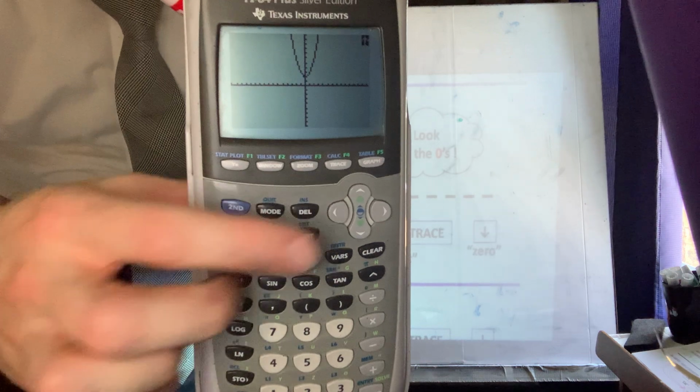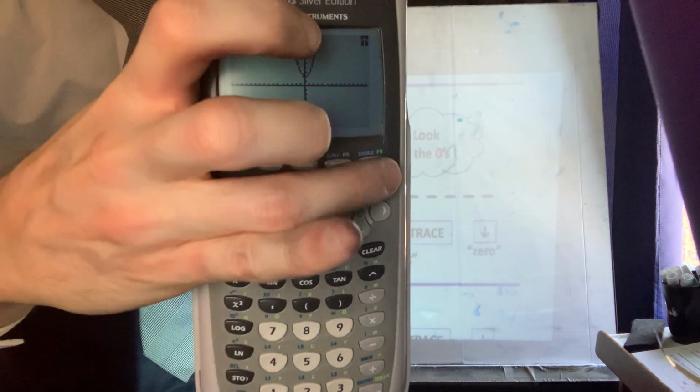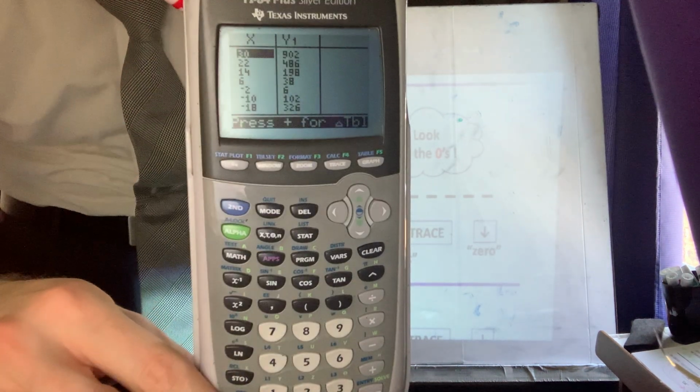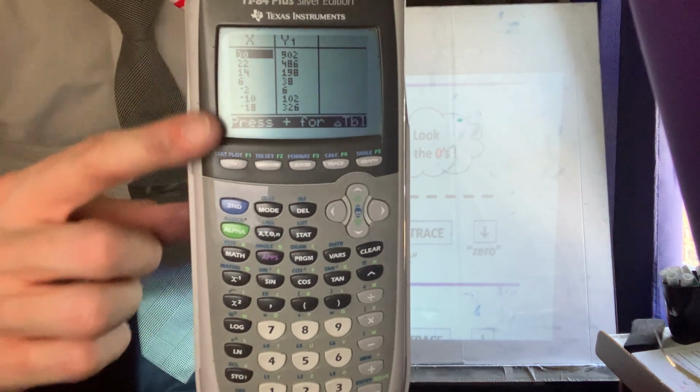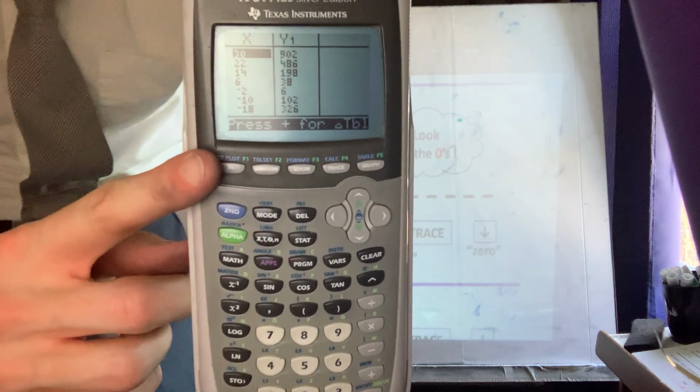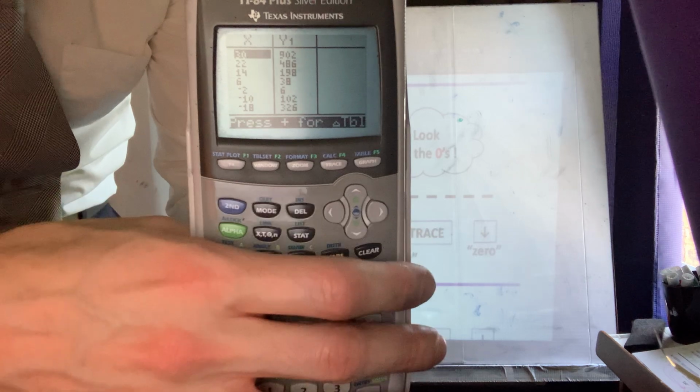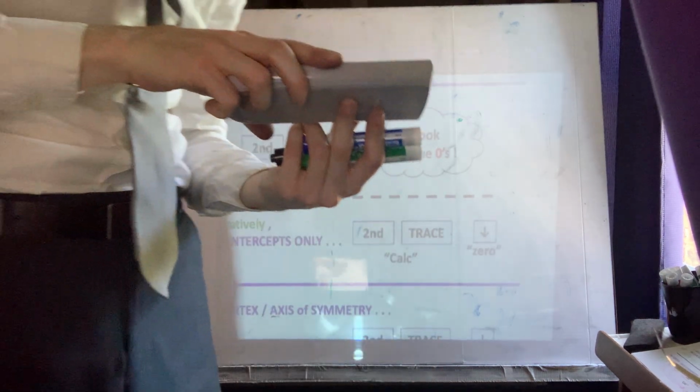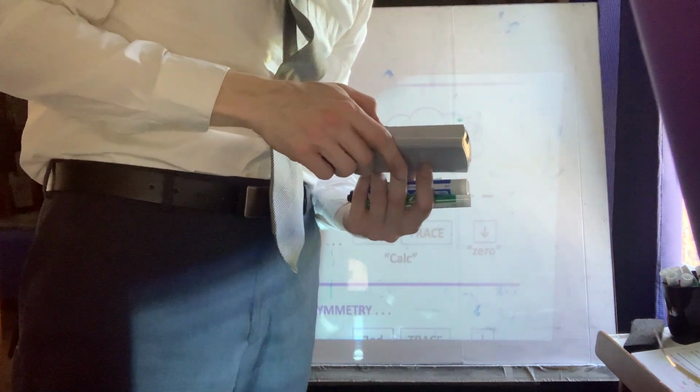If I hit second and then graph to engage the table feature, you could run through this and look for zeros, right? So I'm reading it backwards, unfortunately.